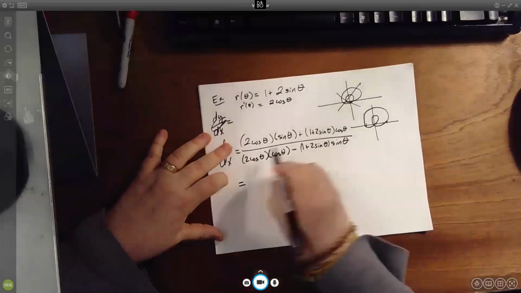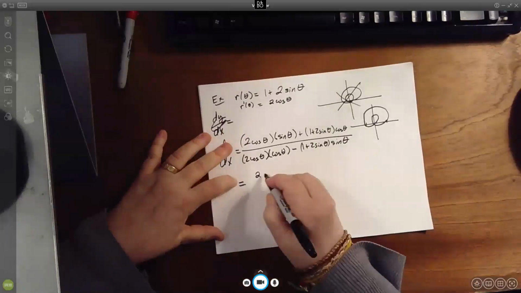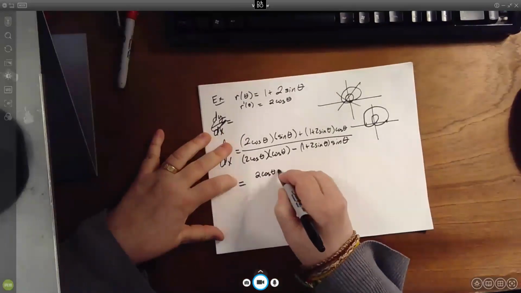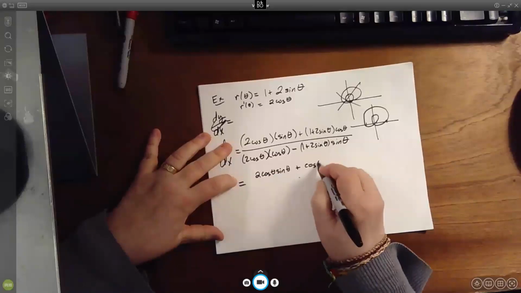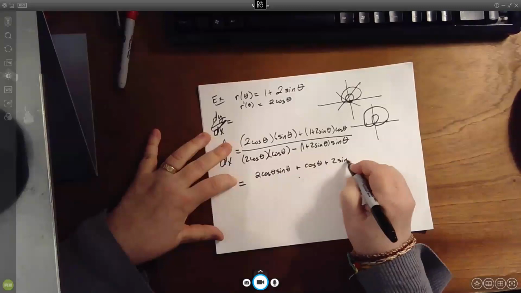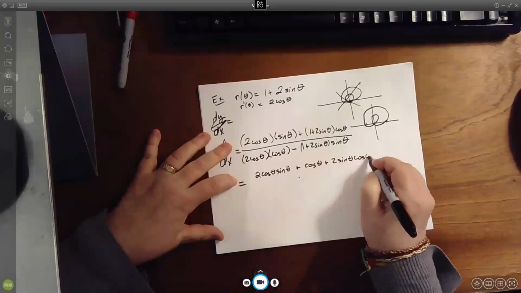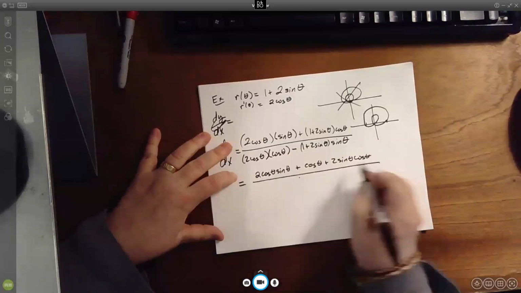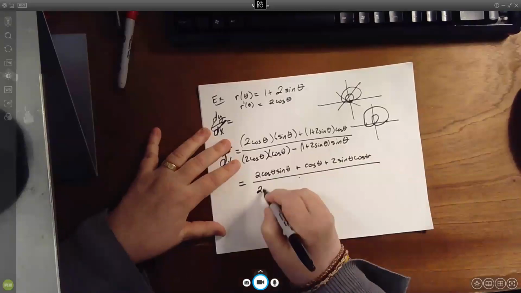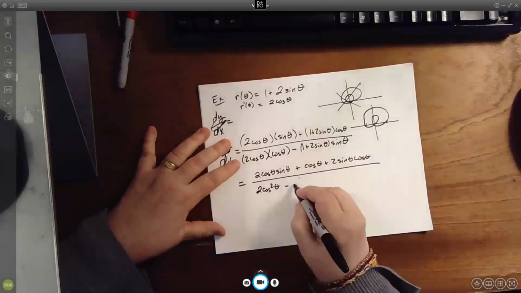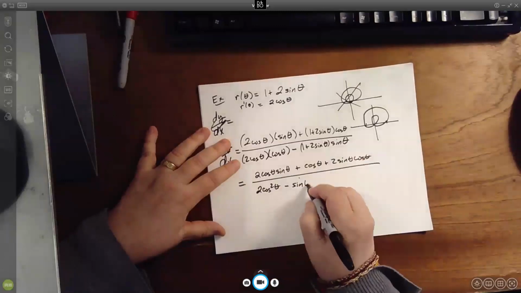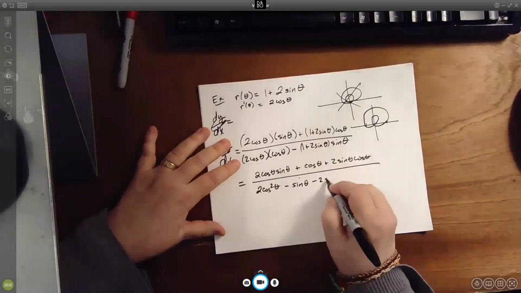So multiplying through, I have 2 cosine theta sine theta plus cosine theta plus 2 sine theta cosine theta. On the bottom, does it turn out pretty? Probably not. 2 cosine squared theta minus sine theta minus 2 sine squared theta.